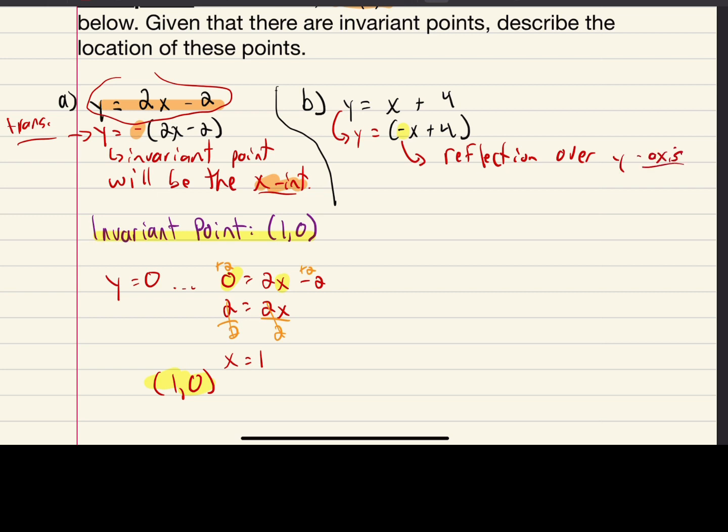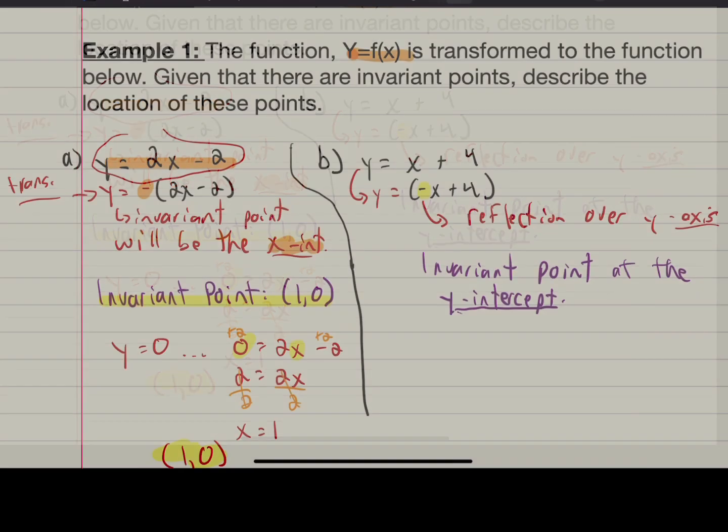And so that is going to be the reverse, where we should see an invariant point on the y-axis, or invariant point at the y-intercept. And so let's take a look at the graph of these two and see if that holds true.